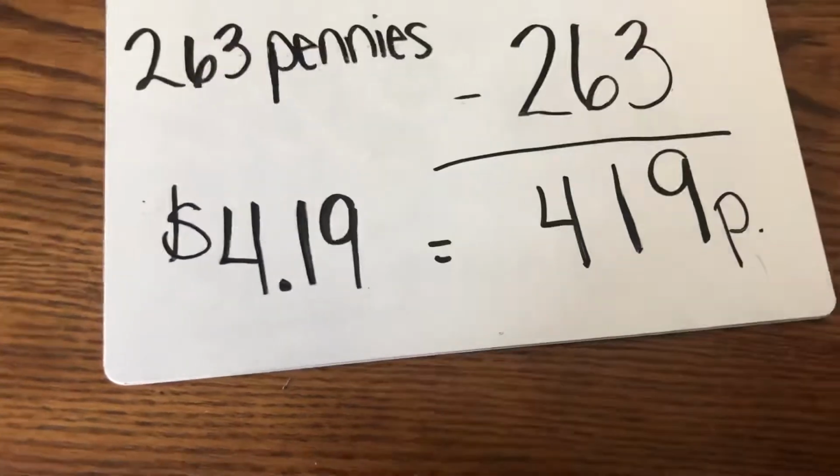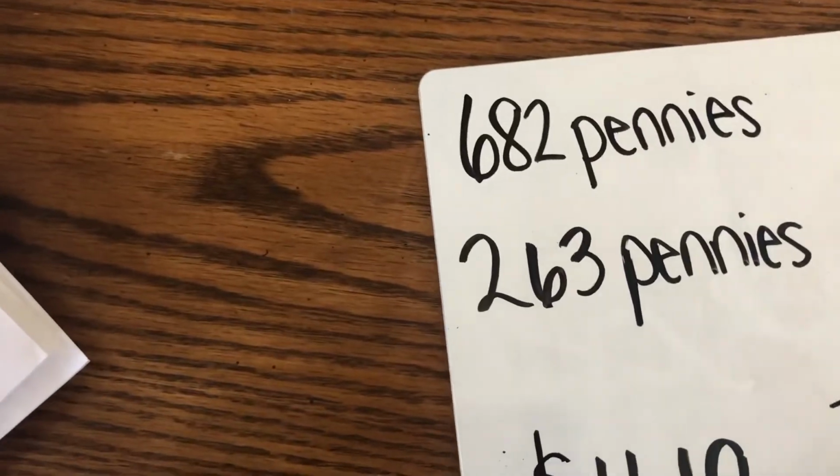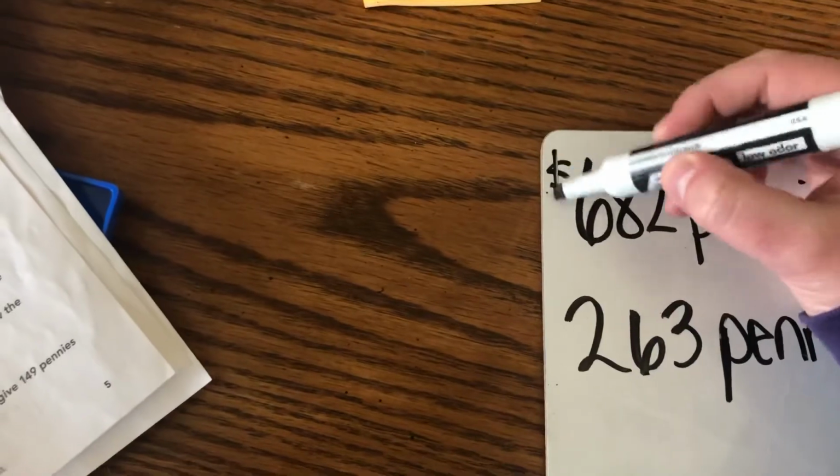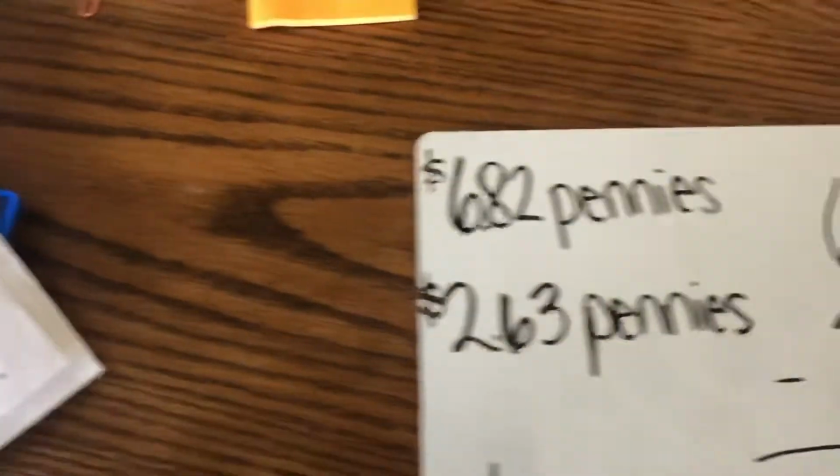Okay, and we can do the same with 682 and 263 by adding a dollar sign and a decimal point, and a dollar sign and a decimal point.